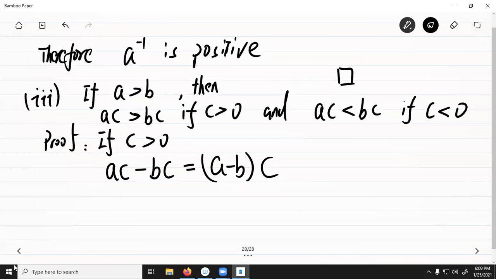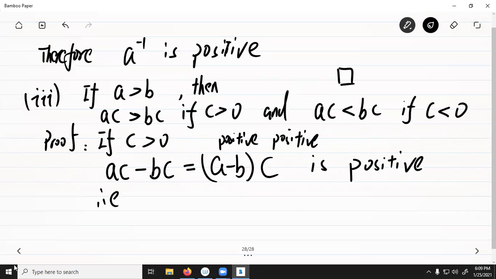A greater than B means A minus B is positive. Positive times positive would be positive, right? So this one is positive, in other words, AC is greater than BC. Okay, so we proved the first part.